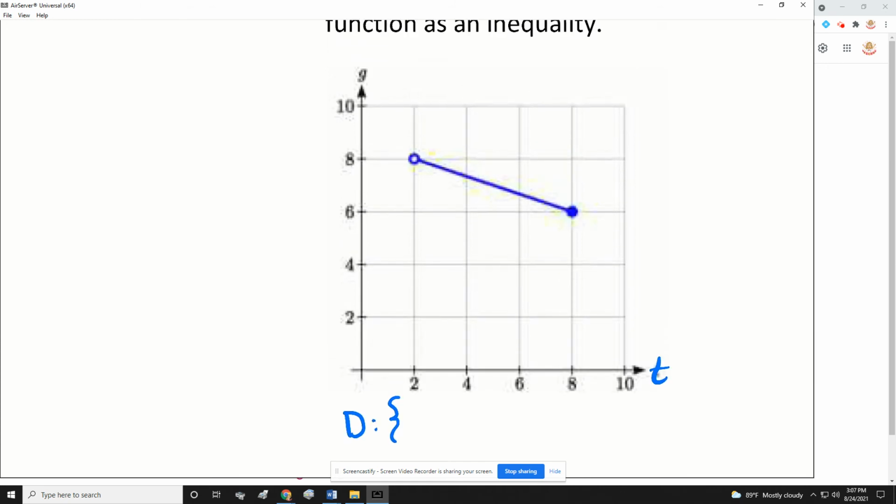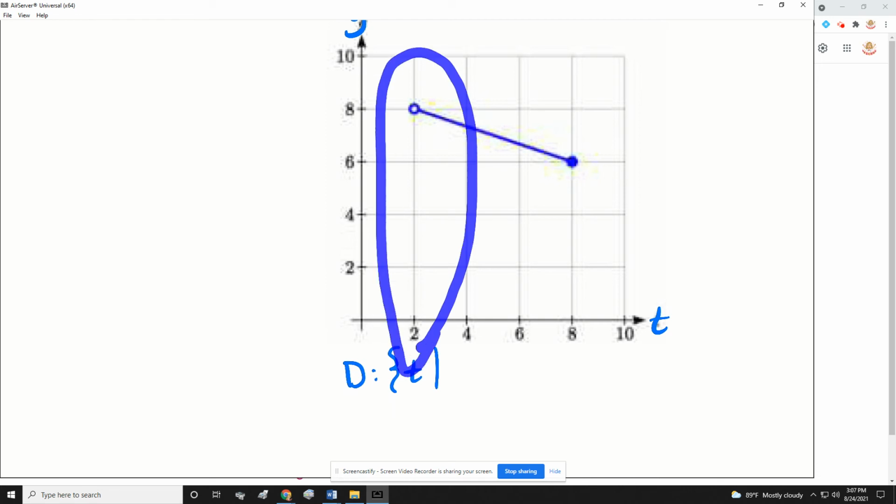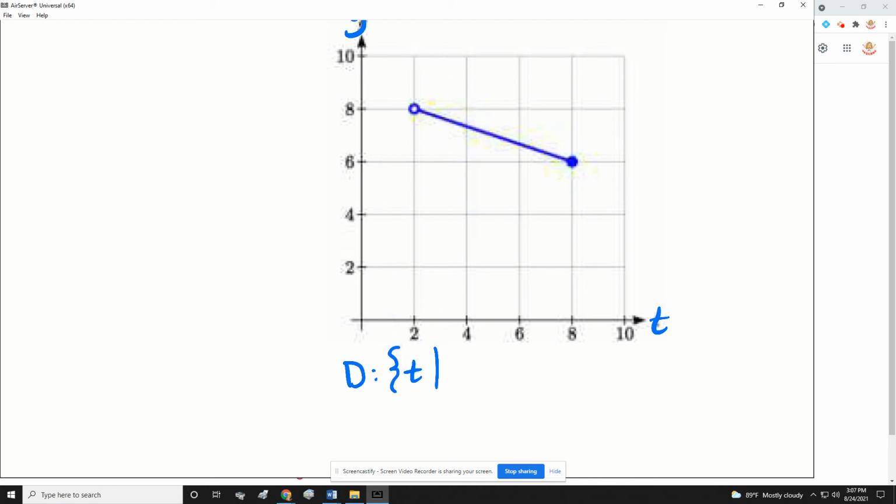So on this one, we have a t-axis and a g-axis. And so I would say t, and then we're going to do a bar. That means such that. All right, and then we're going to give the smallest number in the domain. So the smallest x value where you have something graphed is at 2. Right? And then I do have an open circle. So the next symbol is going to be either less than or less than or equal to.